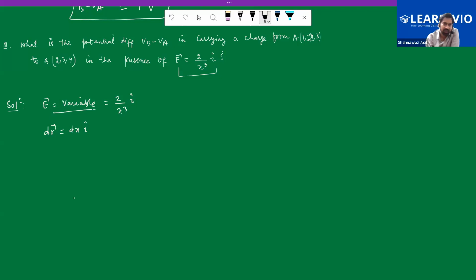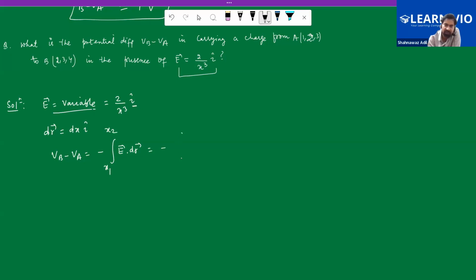So the potential difference is minus the integral of E dot dr. There are three quantities x, y, and z, but because the electric field is only in the x direction, you will have x1 and x2 only.